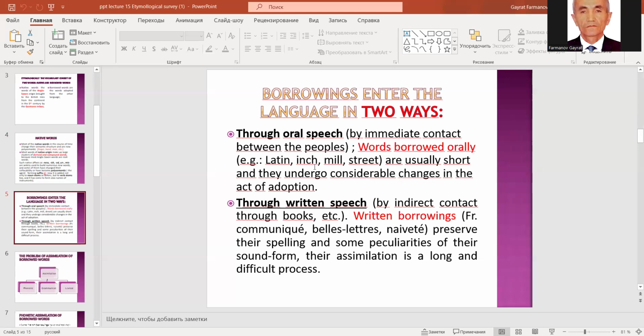Second, through written speech, by indirect contact through books, etc. Written borrowings, French communique, les restes, naivety, preserve their spelling and some peculiarities of their sound form; their assimilation is a long and difficult process.